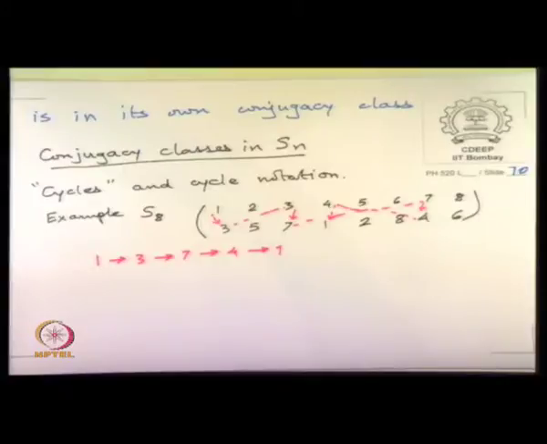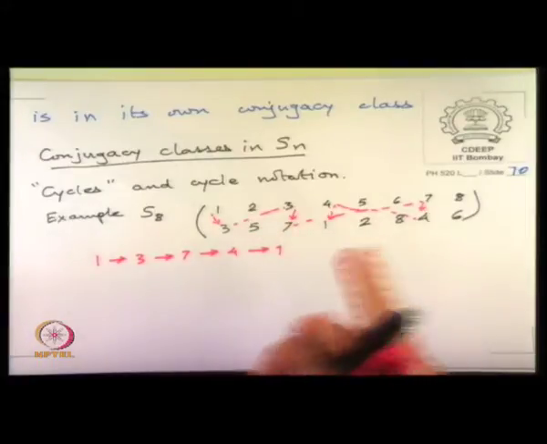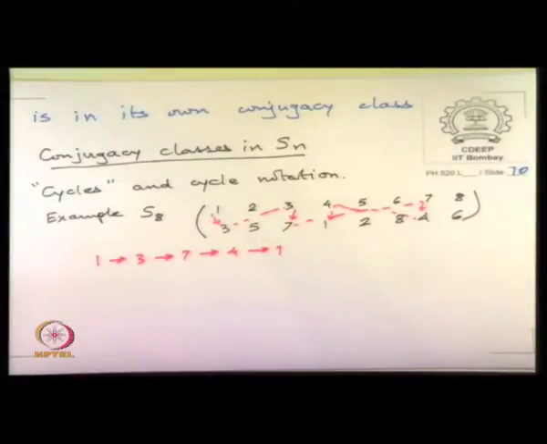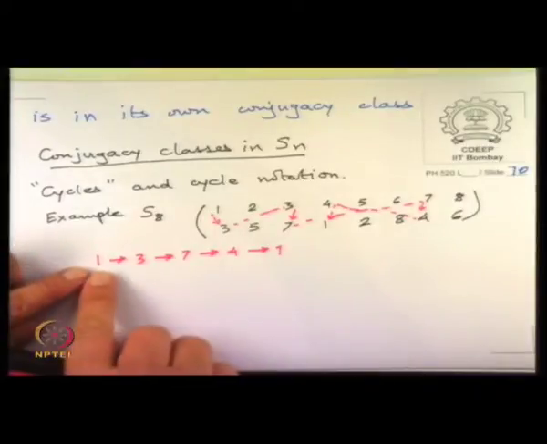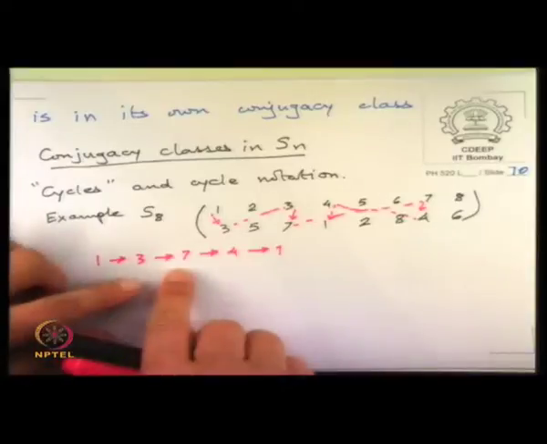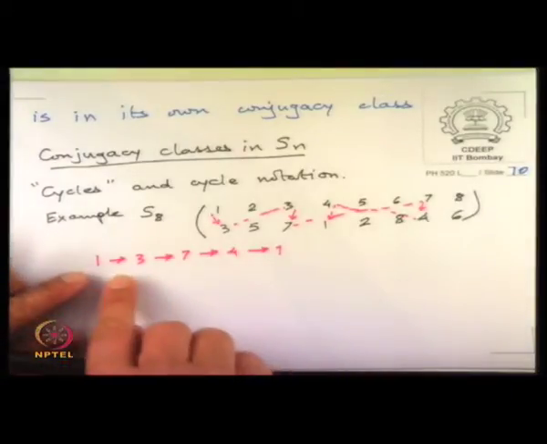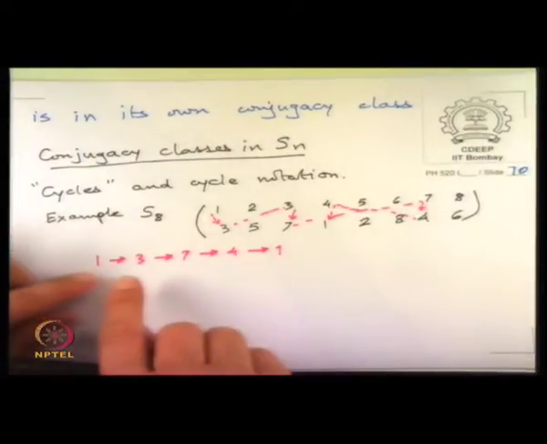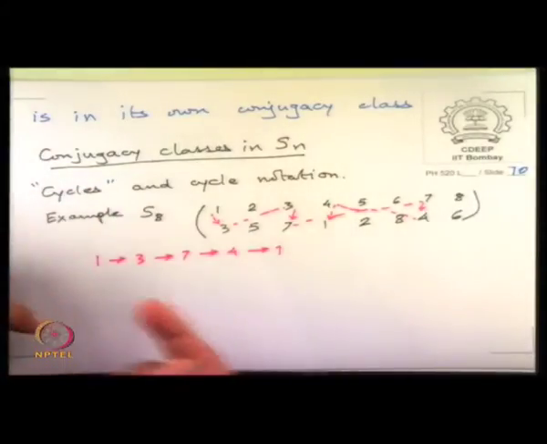So this is like a sub-permutation on a subset, and this did not involve any of the other elements. What you can see is that if you square this element, multiply it by itself, all it will do is slide 1 to 7 and slide 3 to 4, basically sliding these among themselves.